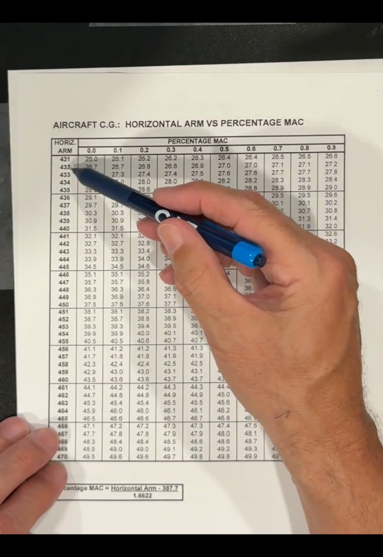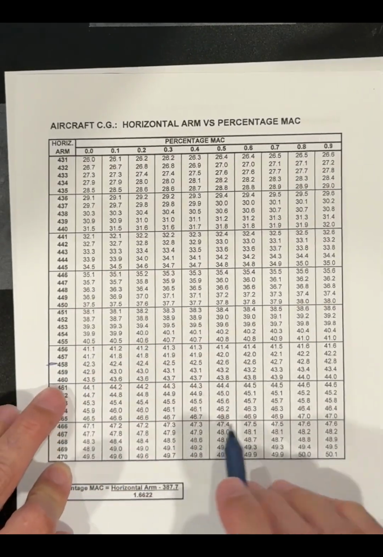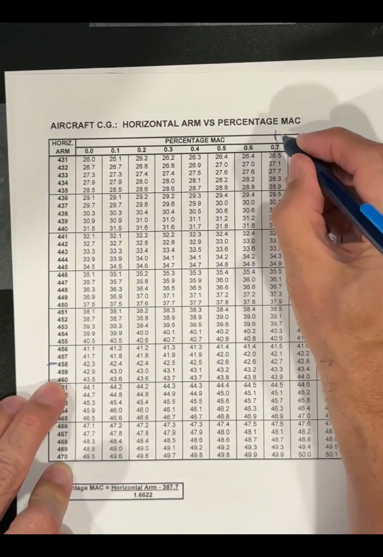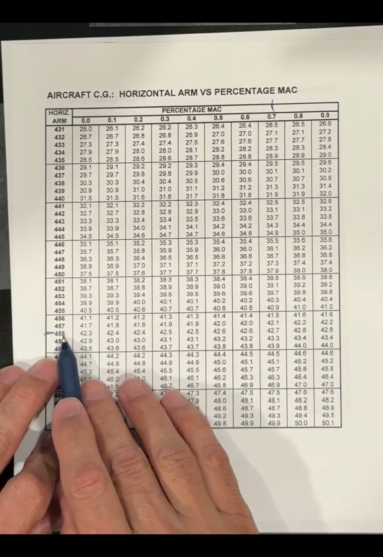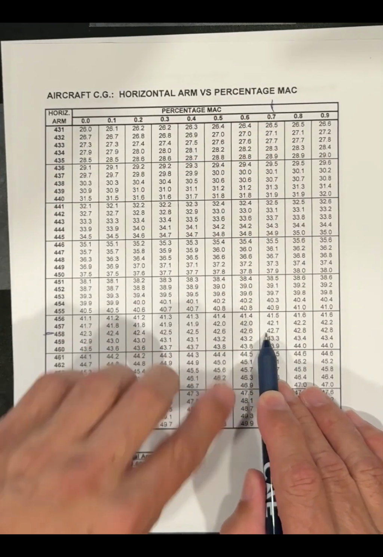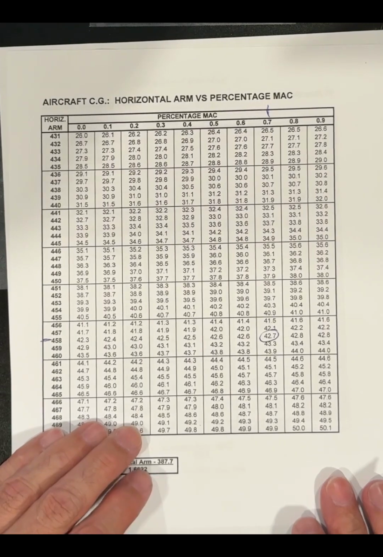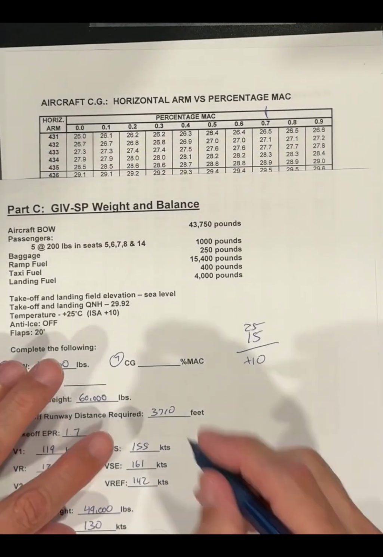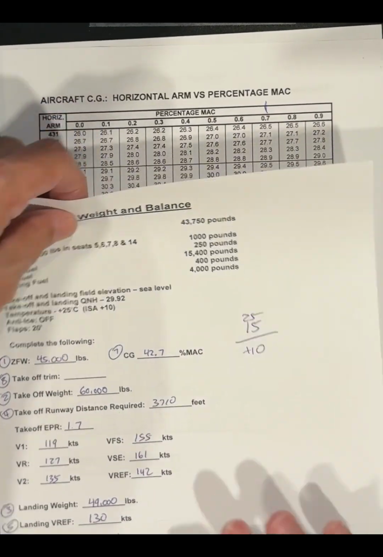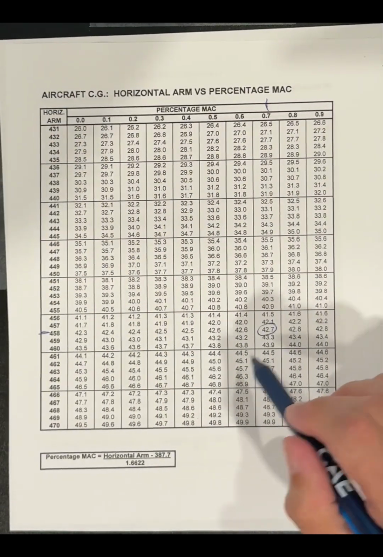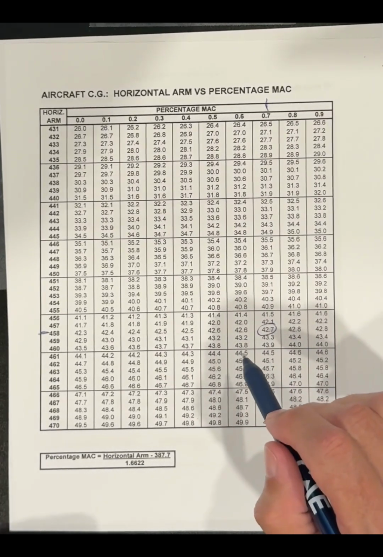So we're going to go find 458 right here. And now we want to find the 0.7 right here. And just as we did with almost everything else today, we matched this line with this line, and we came up with a percent MAC of 42.7. So we're going to write that in, 42.7. Great. So that's how you figure it out if you have this chart.